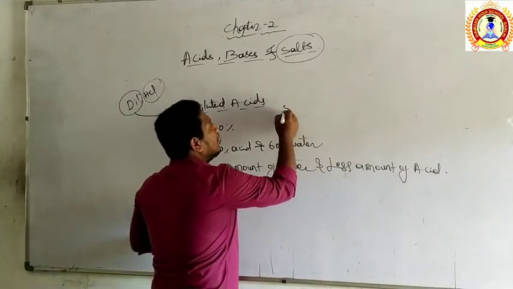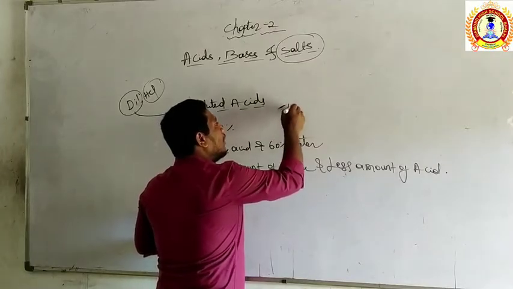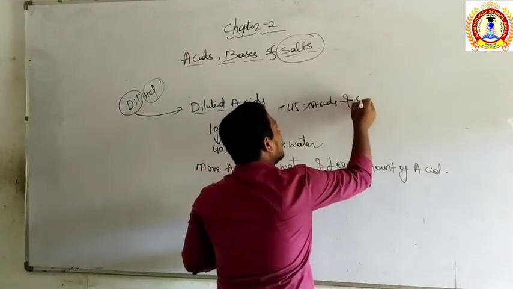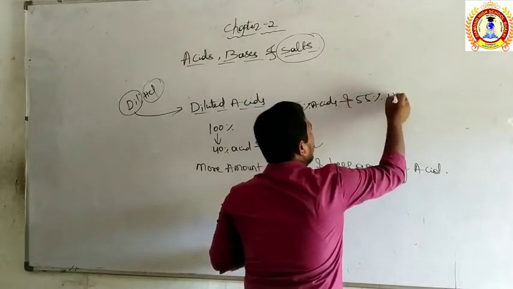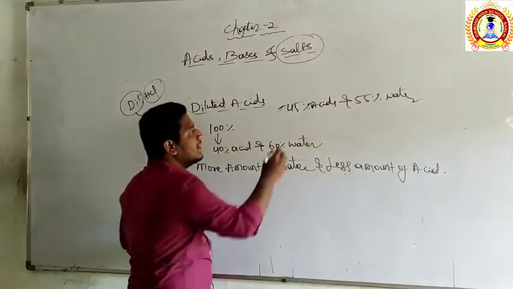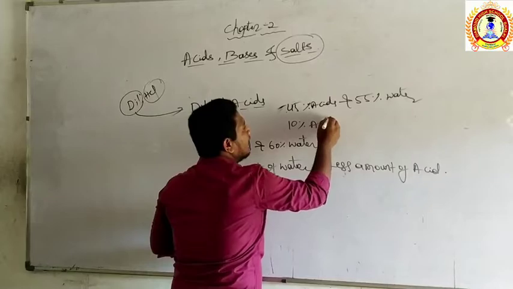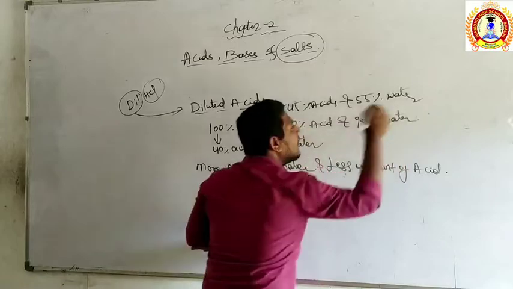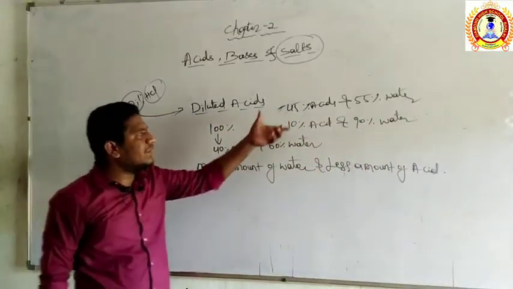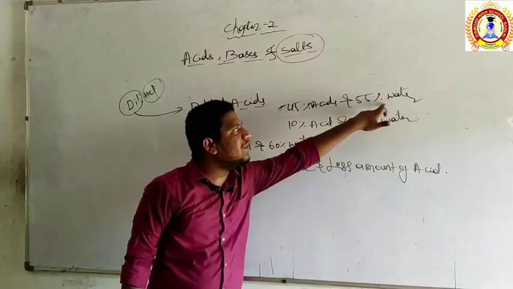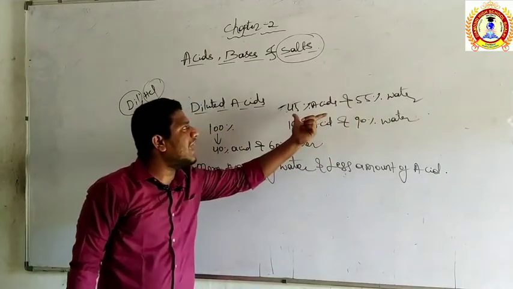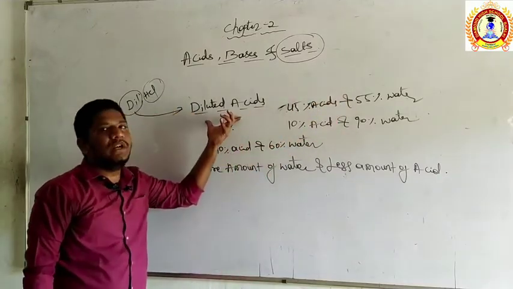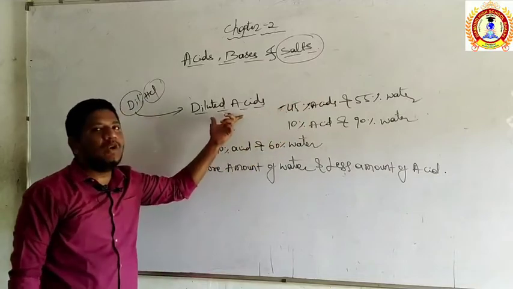One more example, 45% acid and the remaining 55% water. So this is also known as a diluted acid. 10% acid and 90% water is also a diluted acid only. Means the strength may vary, but if the percentage of water is more and the percentage of acid is less, then that kind of solution is known as diluted acid.